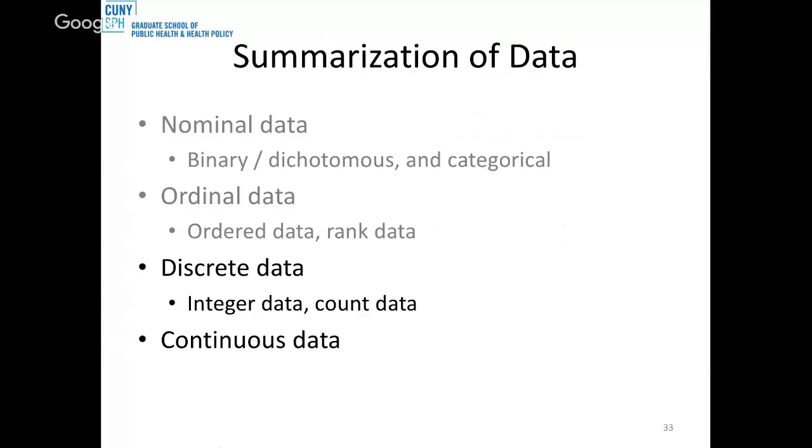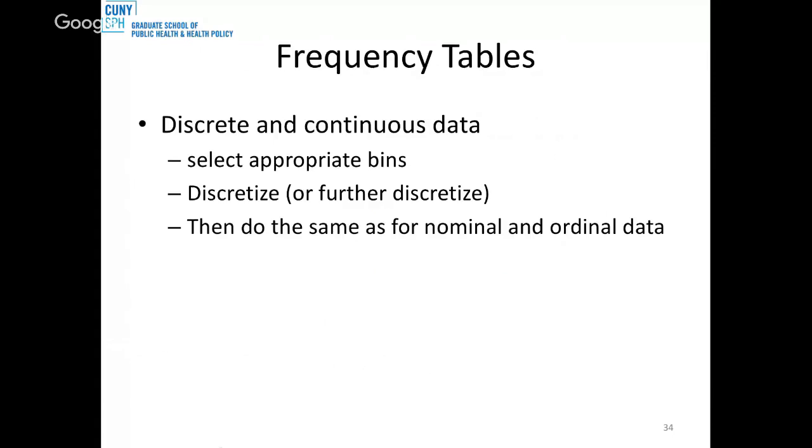That's not all you can do for categorical data, but that's all we're going to get to today, and I'll show you a few things now for scalar data, or for discrete and continuous data. You can again use frequency tables for these by categorizing the data. So by taking bins and just counting the number in each of those bins.